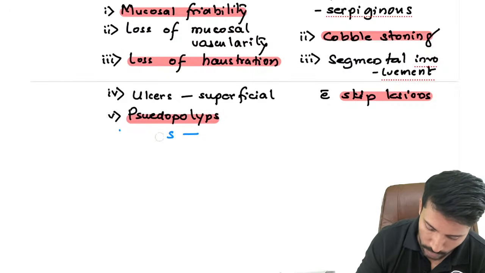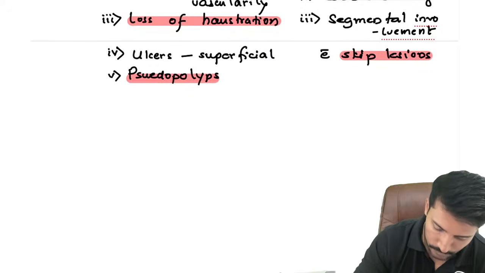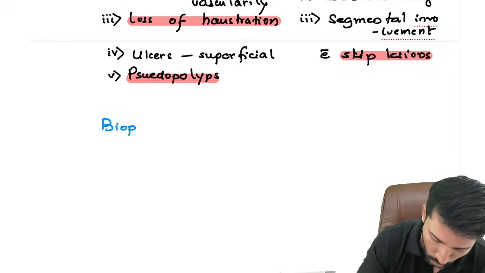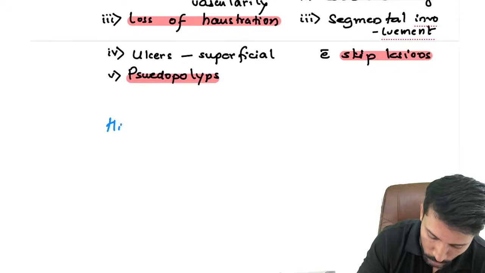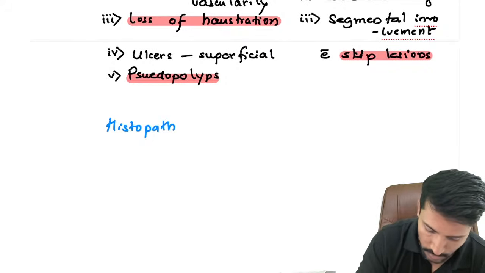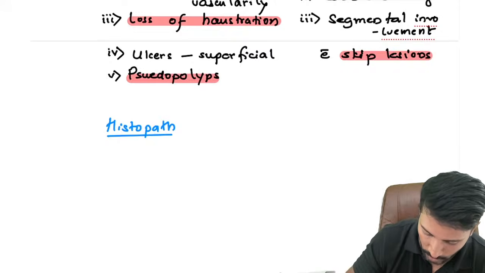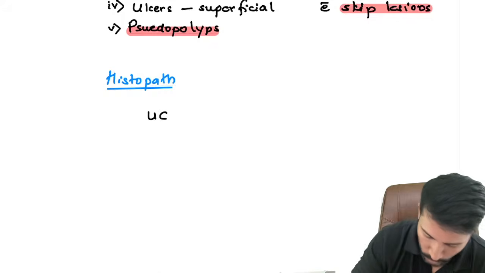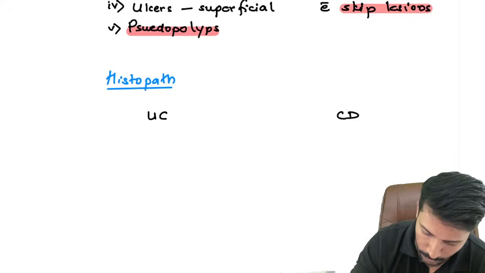Of course, from here we will go to the biopsy or histopath. What will histopath reveal, or what do I as an examiner expect on the question about inflammatory bowel disease? I just want you to mention for ulcerative colitis and for Crohn's disease.